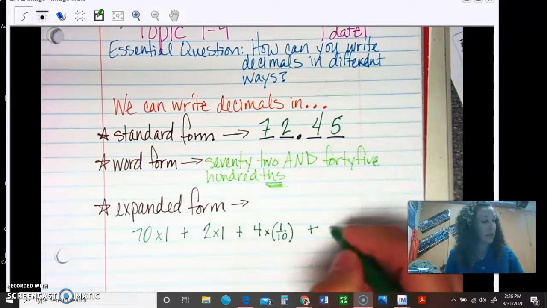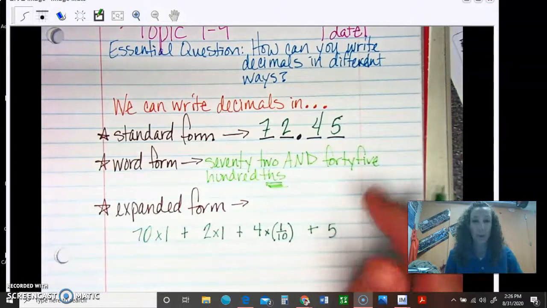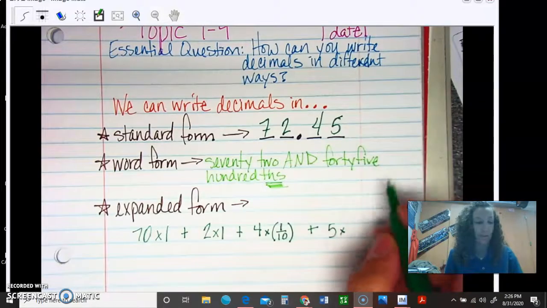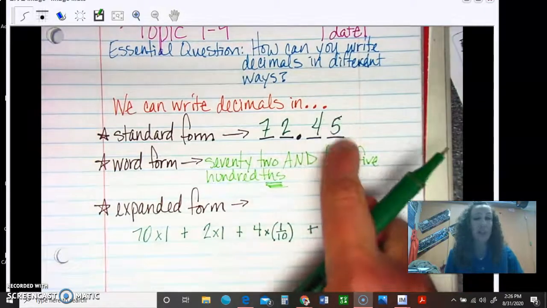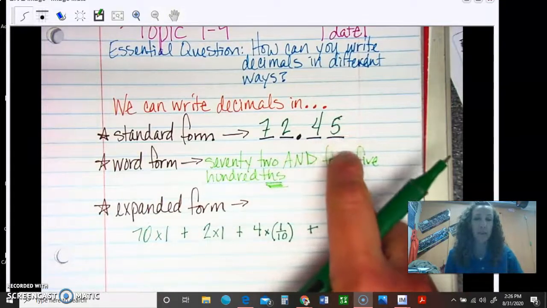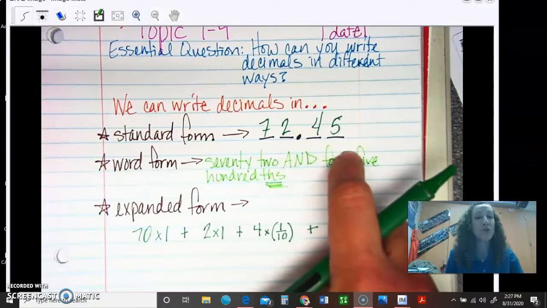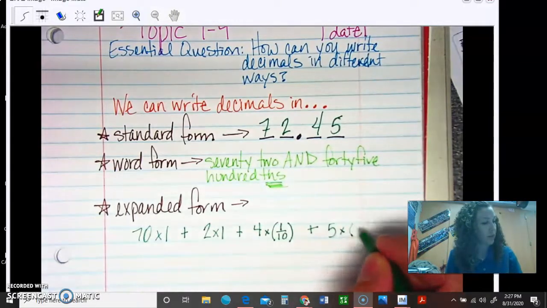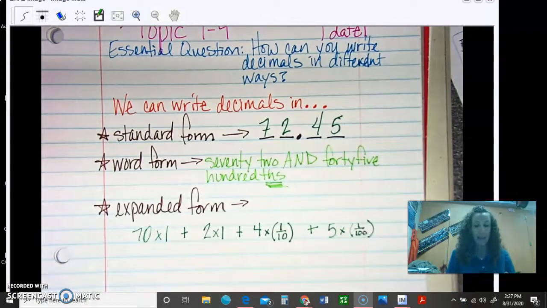The digit is a 5. Now we address the value, okay? And the value is the position it's in. That 5 is in what place? It's in the 100ths position. So we multiply it by 1/100th. And that is expanded form.